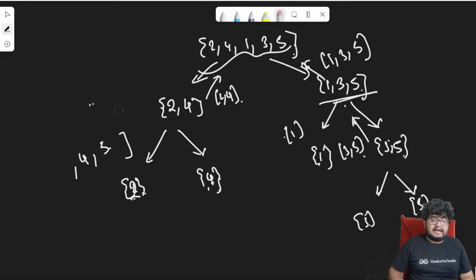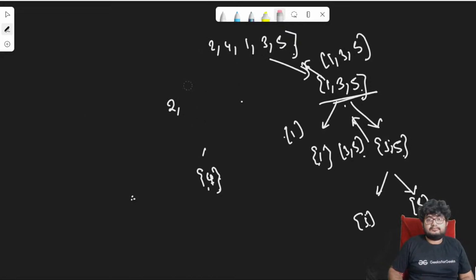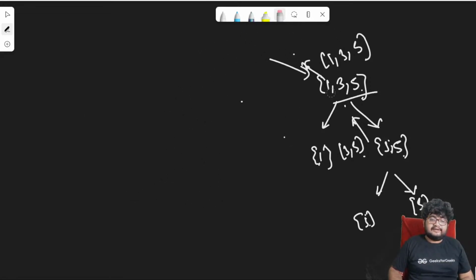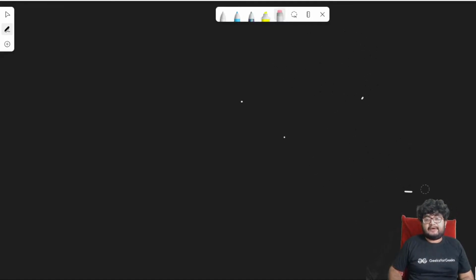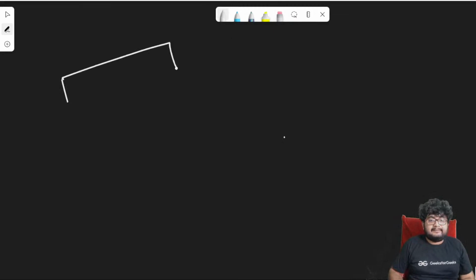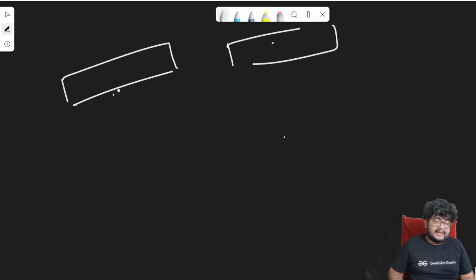Does this make sense? How we are finding the inversion count? Anyone has any doubts? How we are finding it and why is it working? It's mostly on the merge operation, right? In the merge operation, this is the first elements up to mid, and this is the next elements up to high.